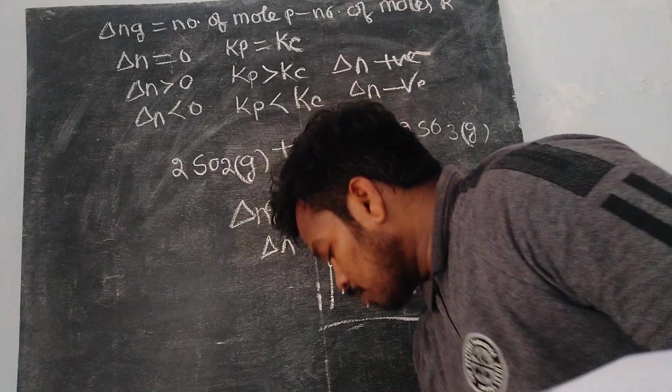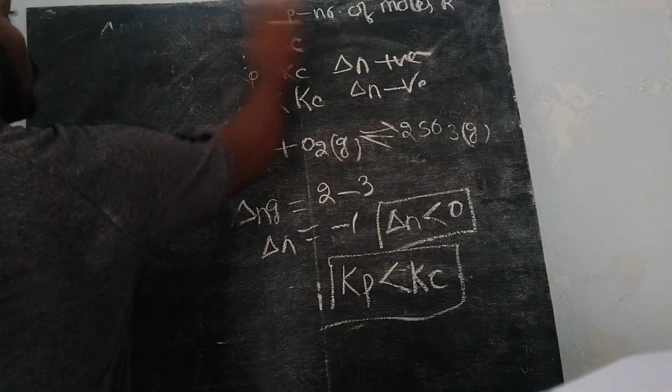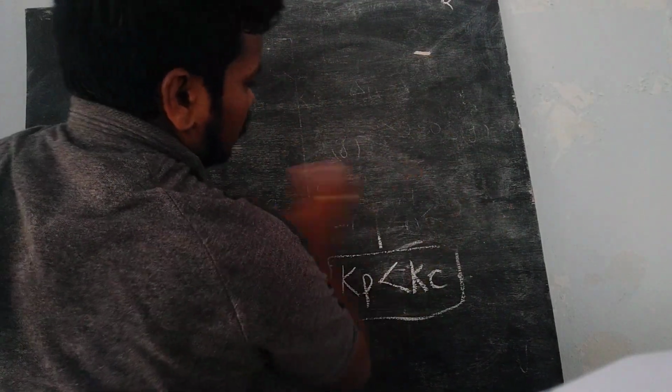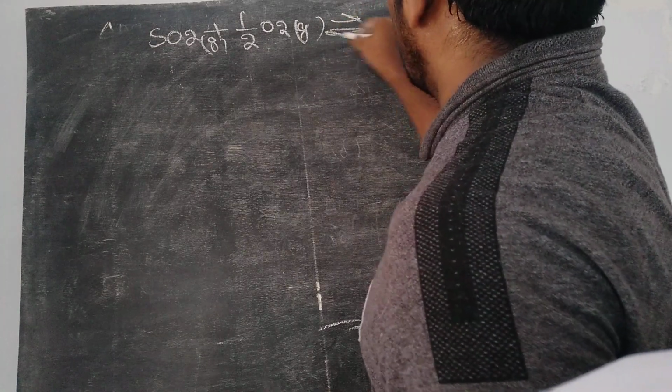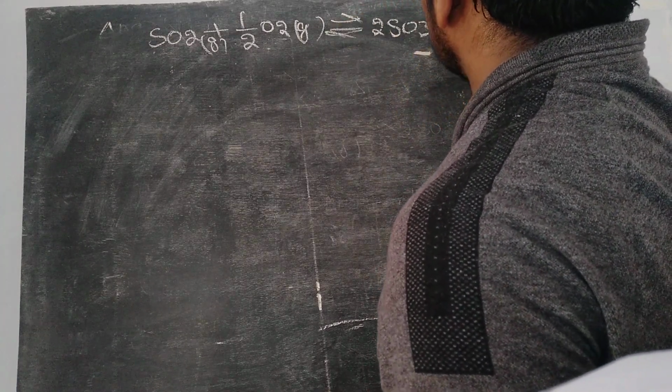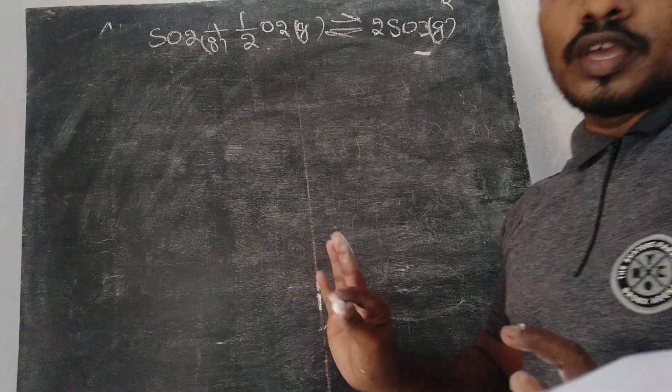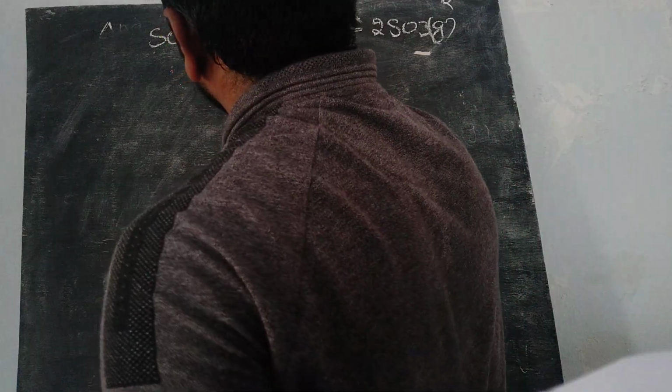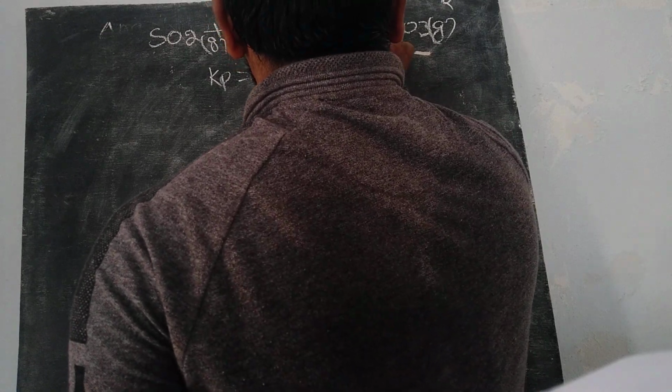Now, by taking some previous IIT questions, we will take 2 questions. See here, one question is there. SO2 plus 1/2 O2 combine to form SO3, gas state only. For this reaction, the relation is Kp is equal to Kc (RT) to the power delta x.